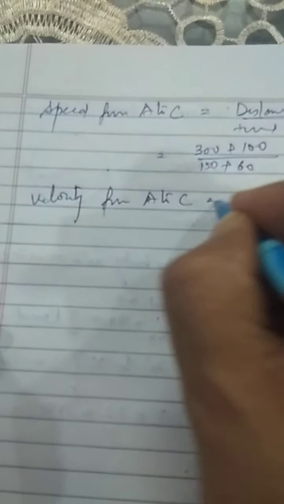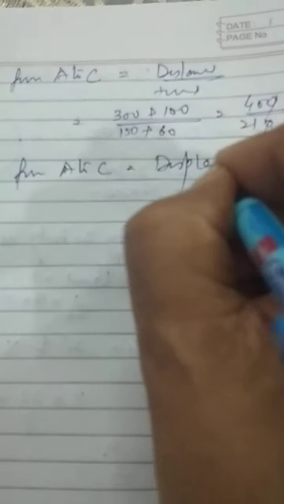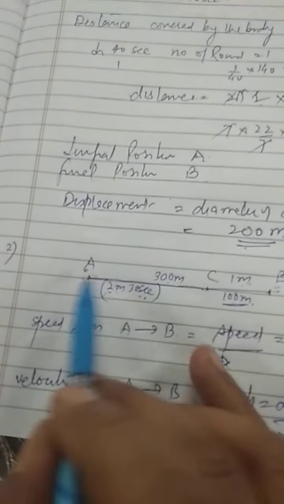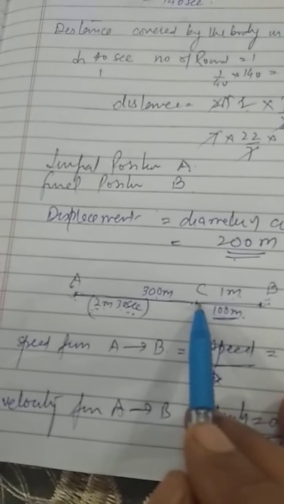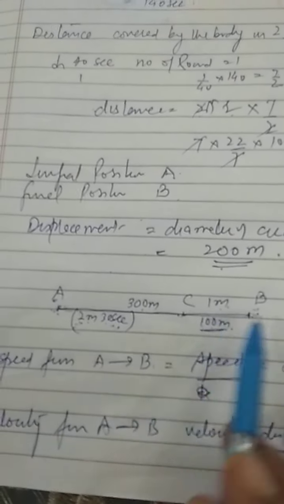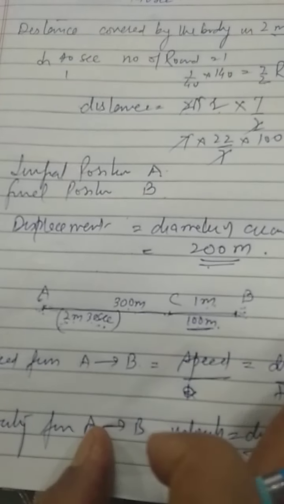Now velocity from A to C. Velocity is displacement upon time. Displacement is the minimum distance. Displacement from A to C: this is 300 and this is 100. So displacement from A to C is 300 minus 100, that is 200 meter.